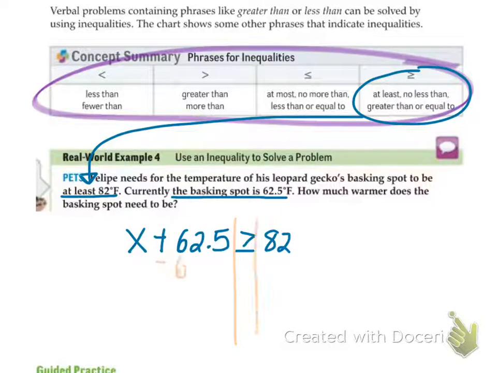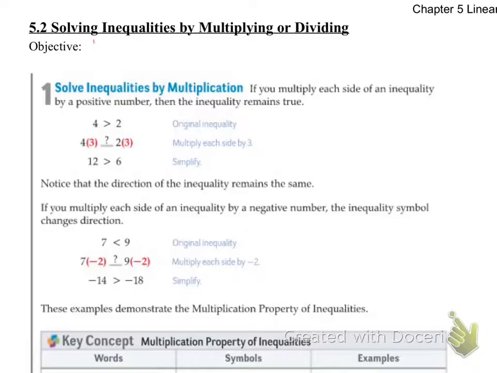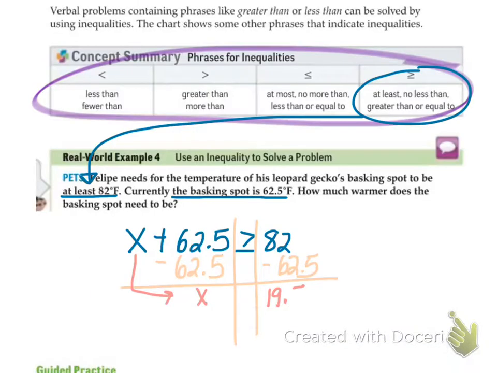So I set up my equation, and now I'm solving it, subtracting 62.5 from both sides. Drop down my x, I get 19.5, and I know it has to be greater than or equal to, and that is our answer for this problem. Knowing that if the temperature of the basking spot is greater than 19.5, then it will be the perfect temperature for this gecko.